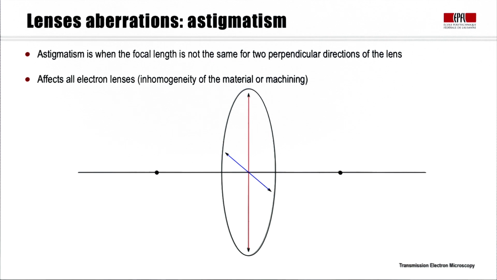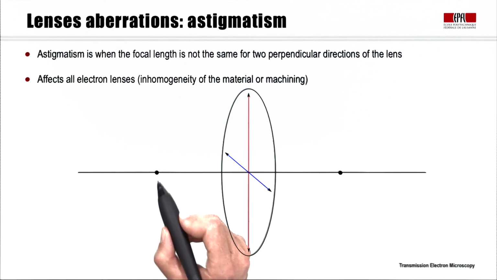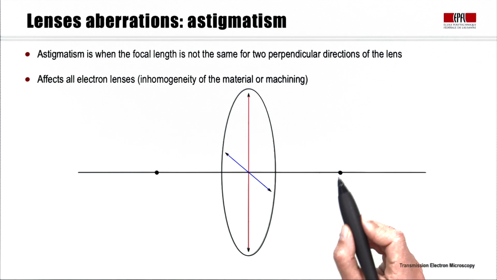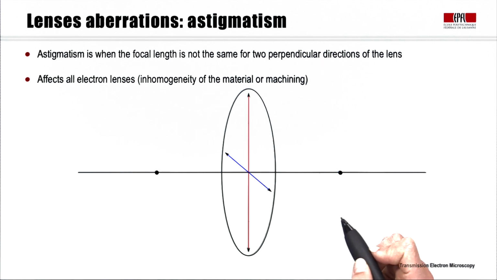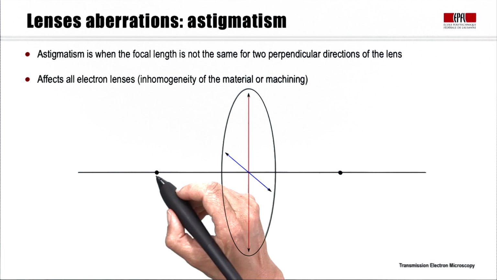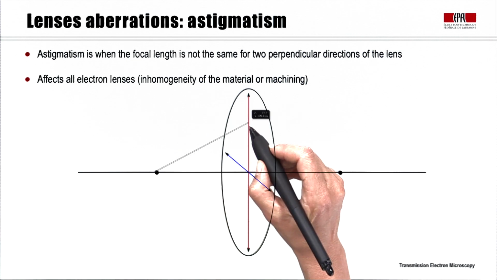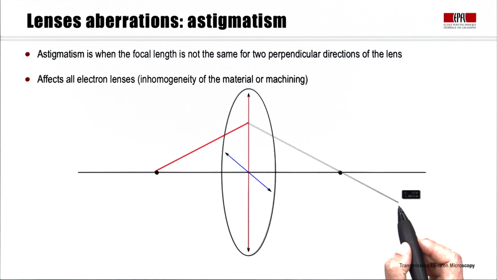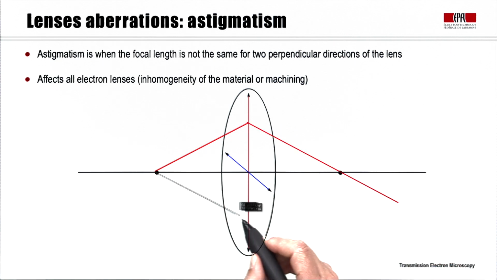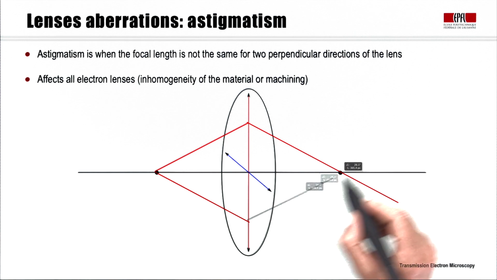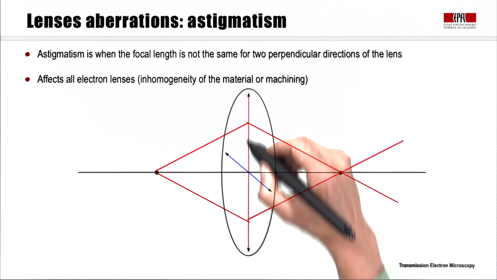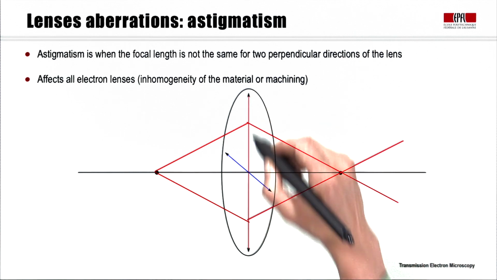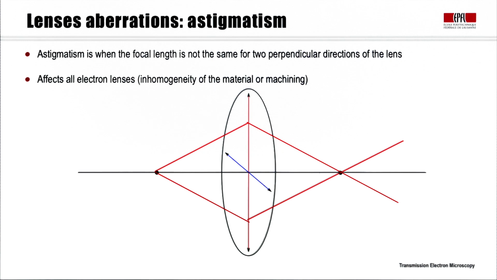I will again take a point object which has as an image a point image. Let's start with the image obtained when I have rays that enter the lens on the vertical axis.